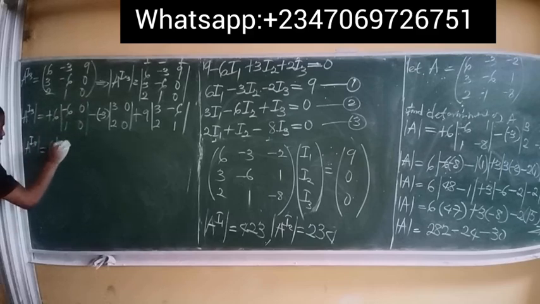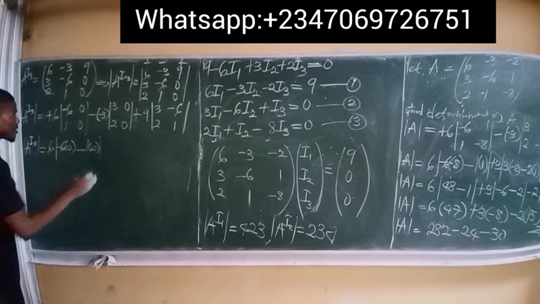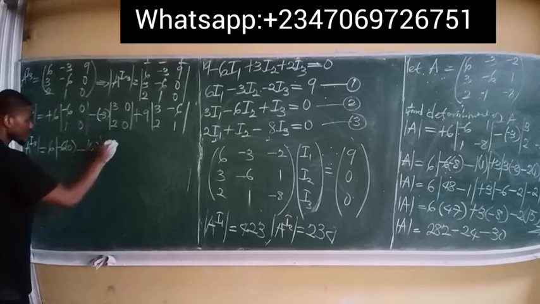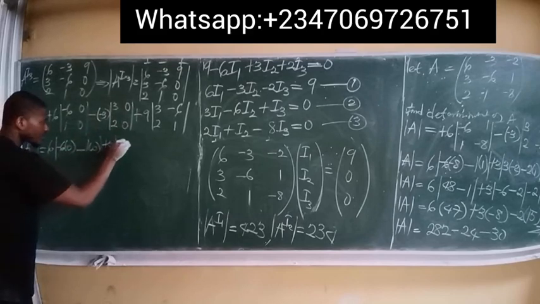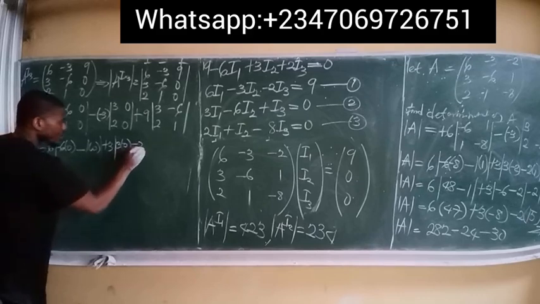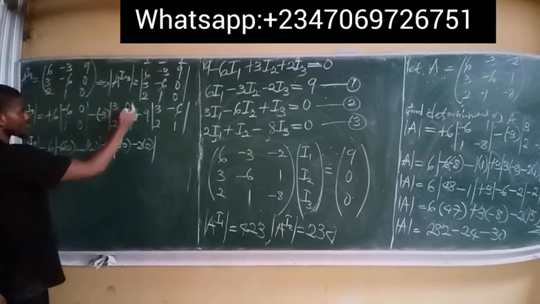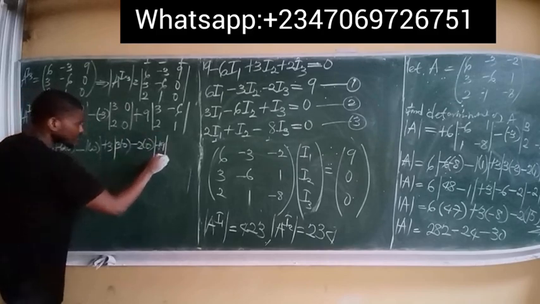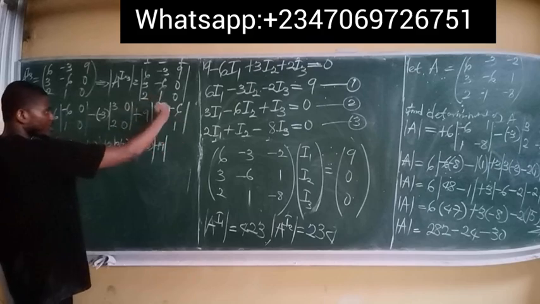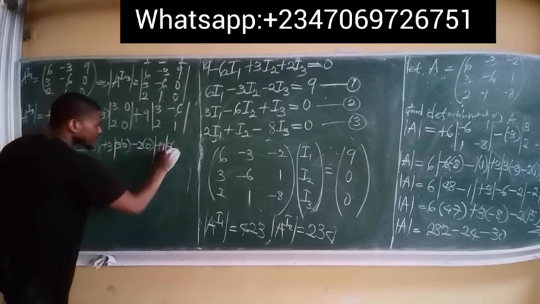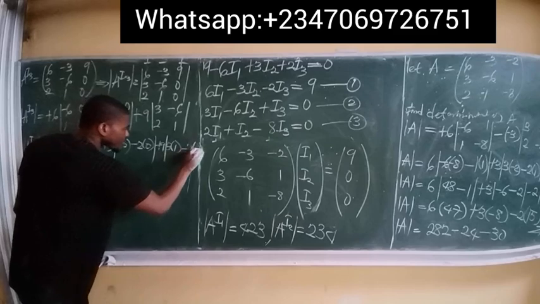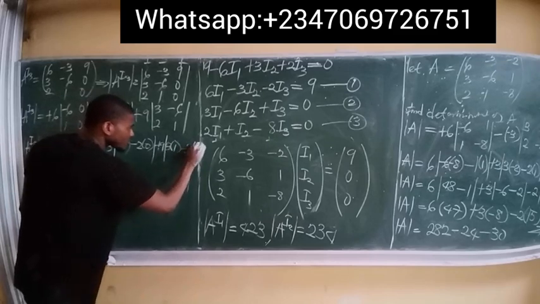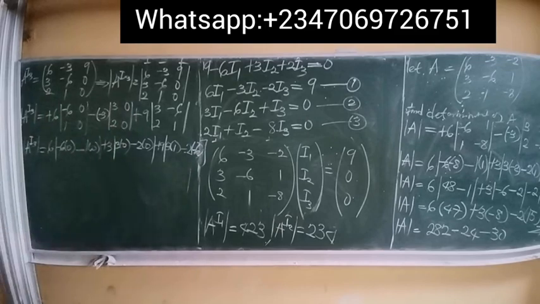I have minus 6 times 0 minus 1 times 0, close your bracket, minus times minus here is plus, so I have plus 3, into also the product of the major row, which is 3 times 0, minus 2 times 0, okay, plus 9, also the product of the major row, which is 3 times 1, minus the minor row, 2 times minus 6. Okay, so I simply have this.